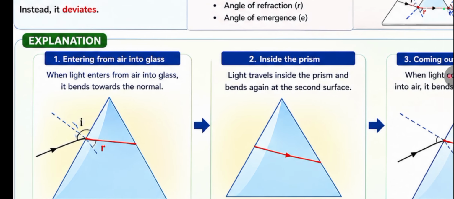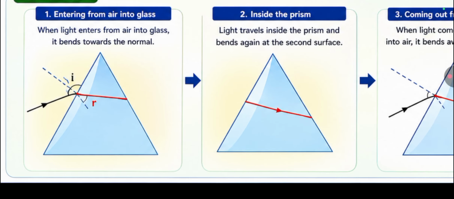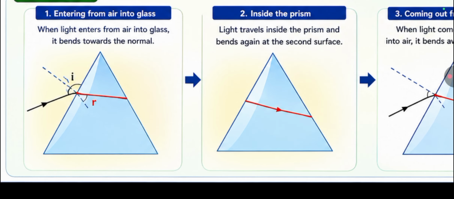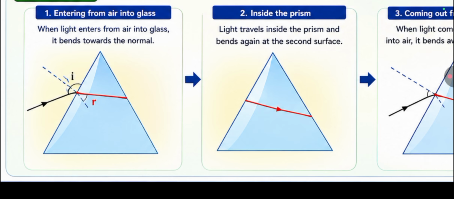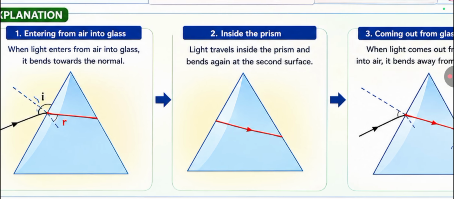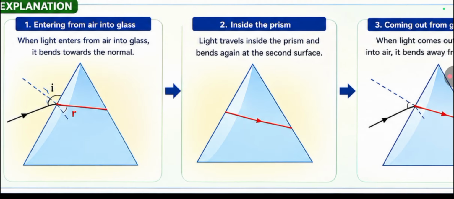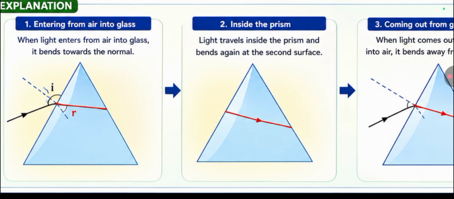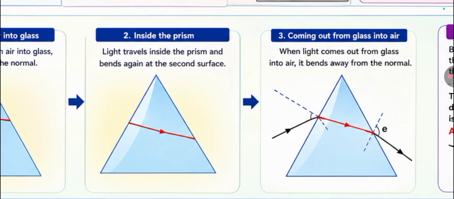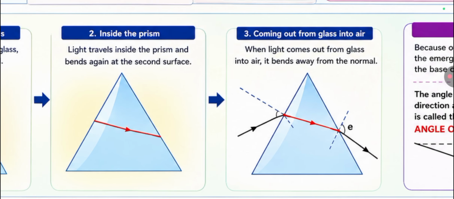Now, first, entering from air into glass. When light enters from air into glass, it bends towards the normal inside the prism. Light travels inside the prism and bends at the second surface. Third, coming out from glass into air: when light comes out from glass into air, it bends away from the normal.